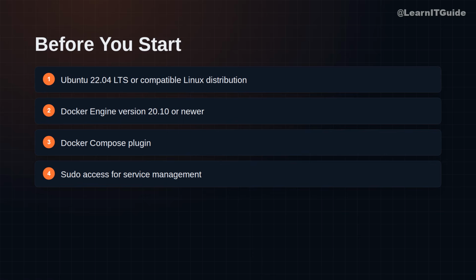You also need Docker Compose, which is the tool used for defining multi-container applications. Finally, you need sudo access to interact with the Docker daemon. To verify your setup, open your terminal and run docker version. If you see version numbers above 20, you are ready to go.